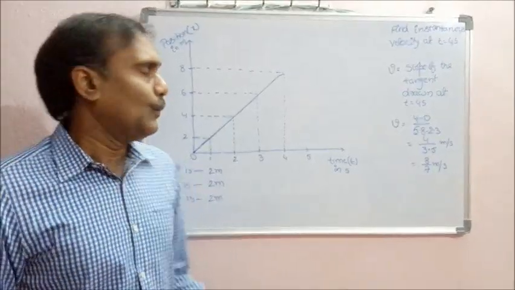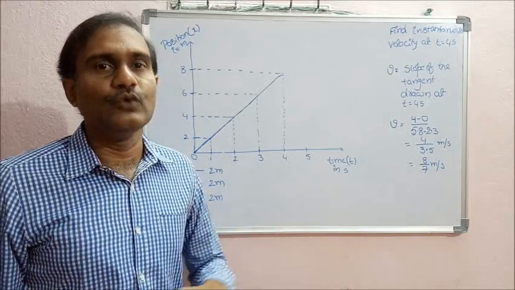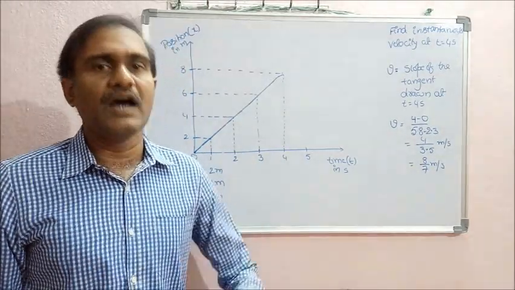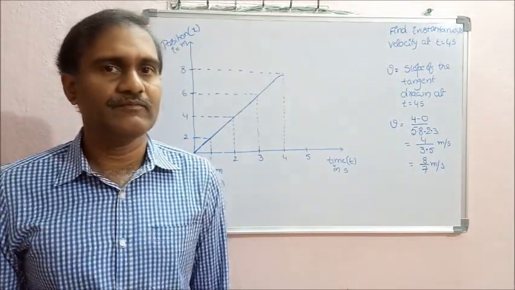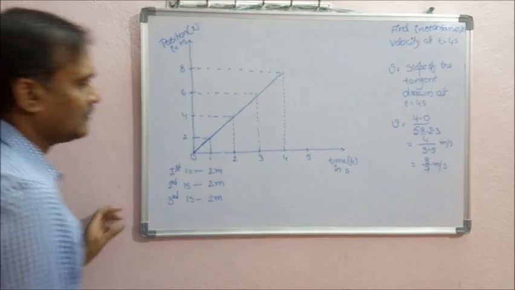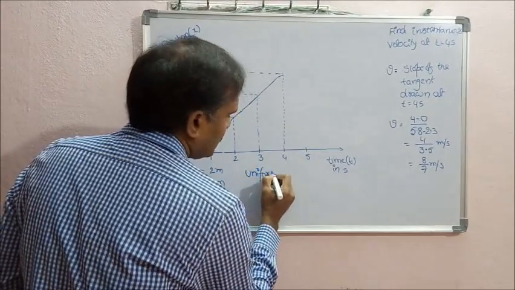That's why we can say that that particle is having uniform motion or uniform velocity or uniform speed. That is, here the particle is in uniform motion.